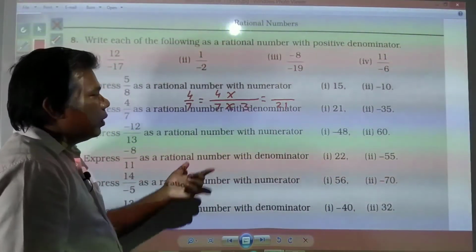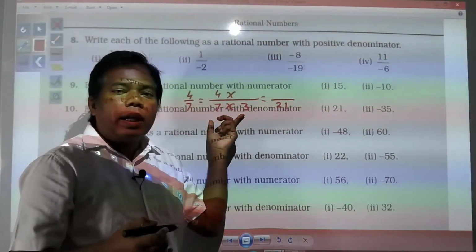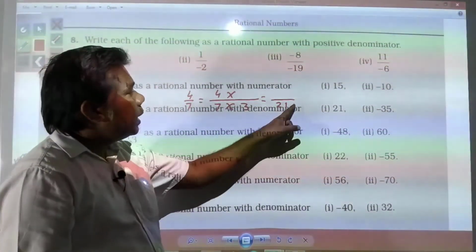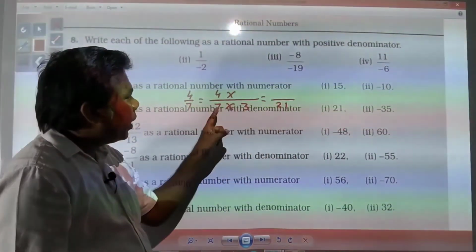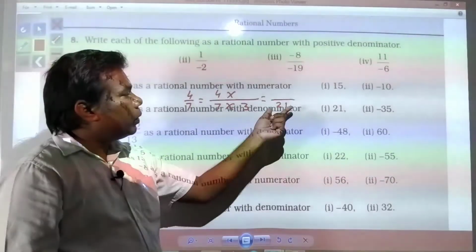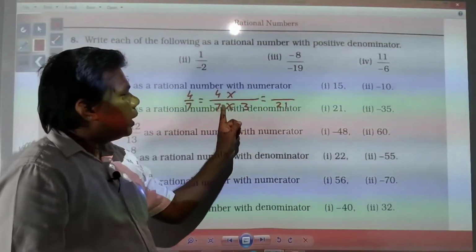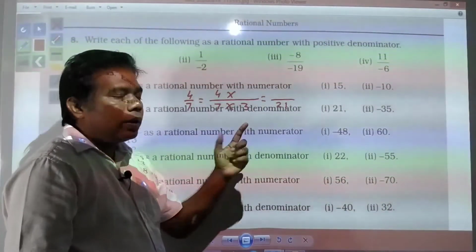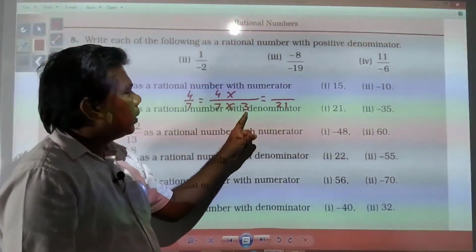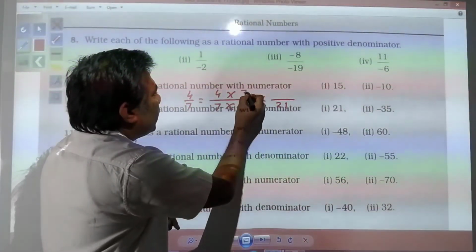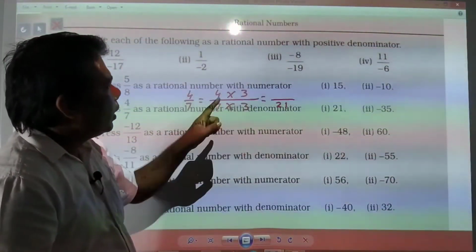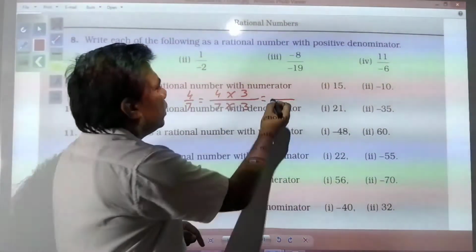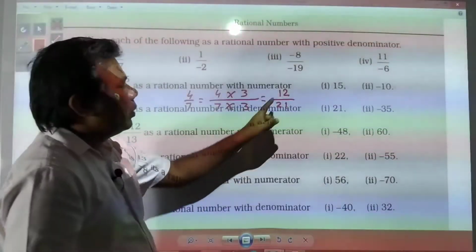And how will you find it out? Simply by seeing, if you can write it, you write that. Otherwise, this number needs to be divided by 7. Just divide 21 by 7, you will get 3. 7 times 3 is 21. So 3 needs to be written over here, and 3 will need to be written on the numerator also. So 4 times 3 is 12. This will be your answer.